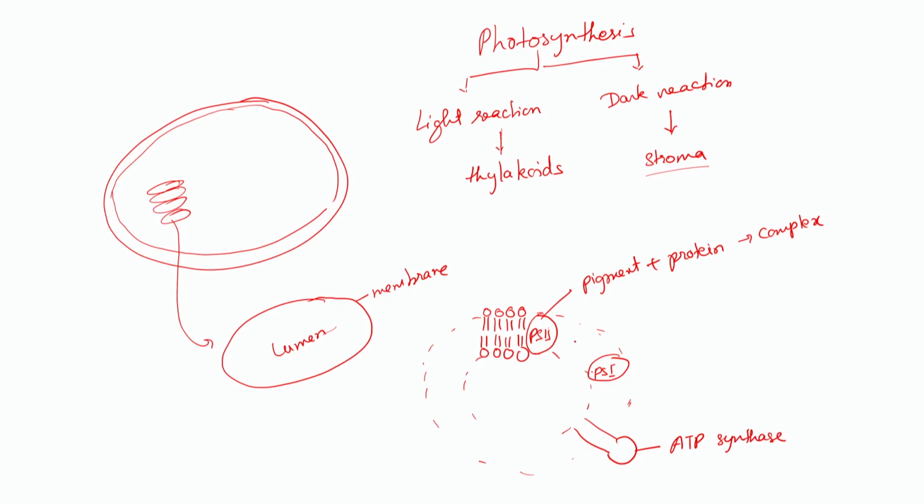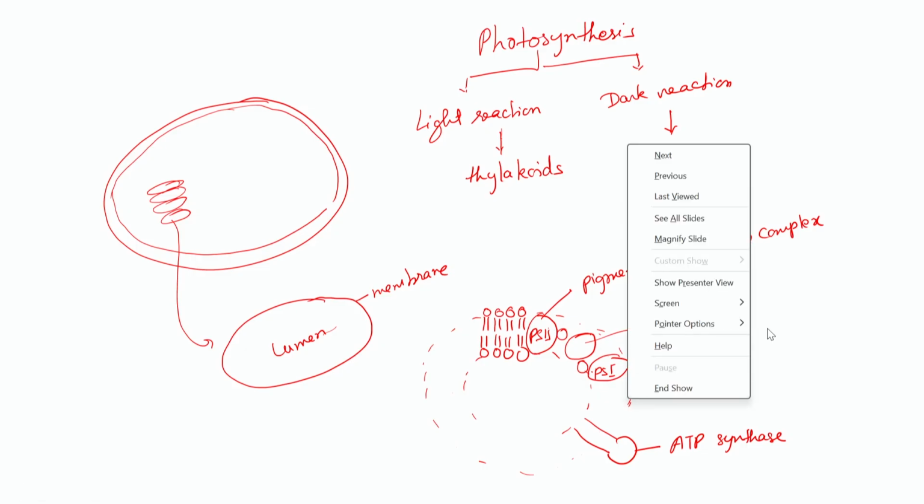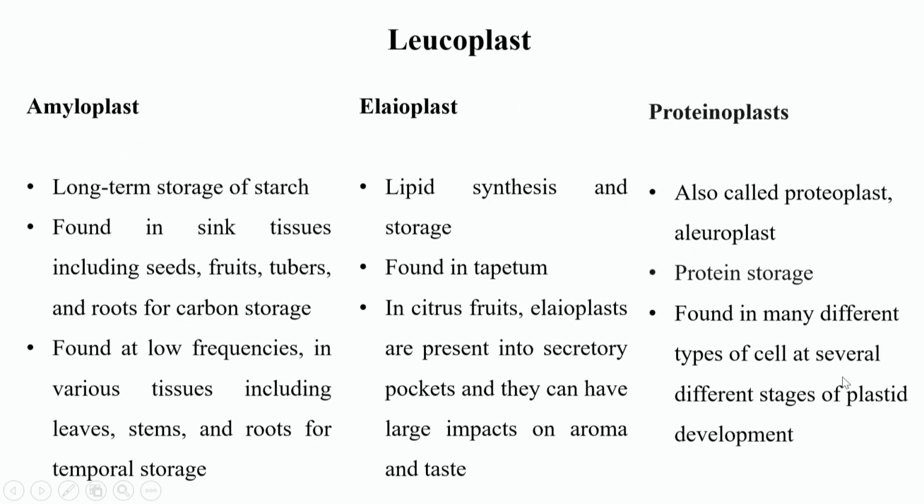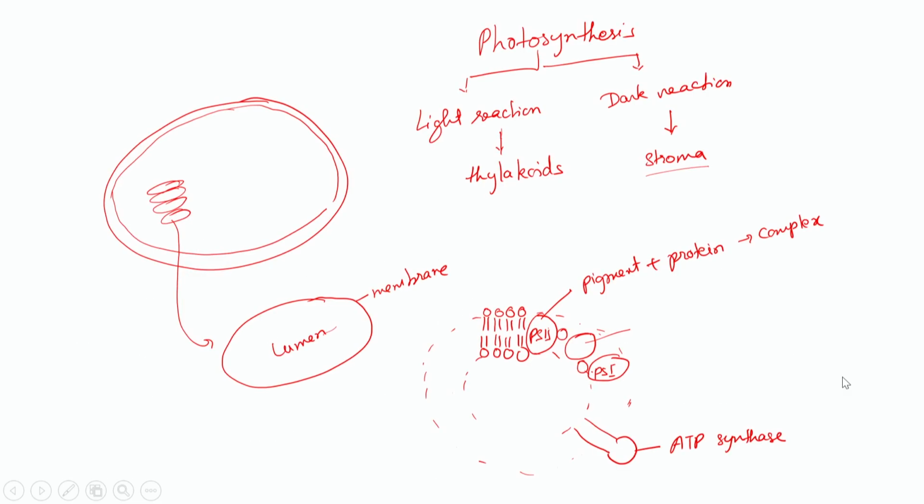And along with that you will have other protein components, you will have plastoquinone, plastocyanin. So all these molecules will be embedded in this thylakoid membrane and they will help in transfer of electron. So basically we talk about chlorophyll, which is the green color pigment found in chloroplast, and they are embedded in the form of protein and pigment complex.